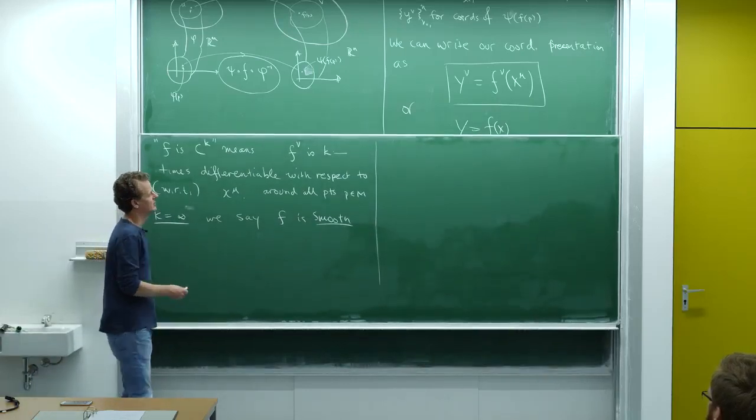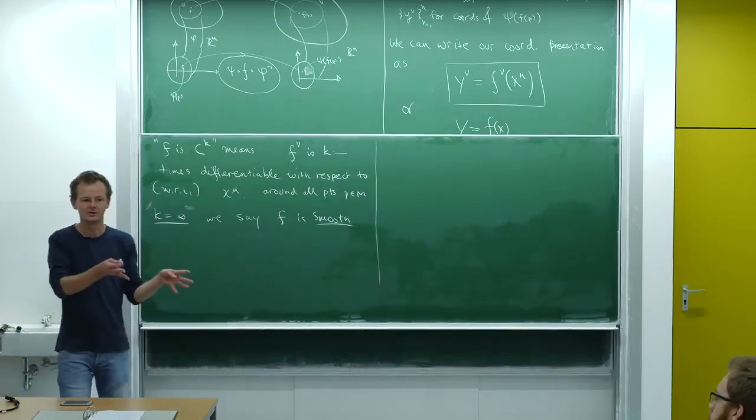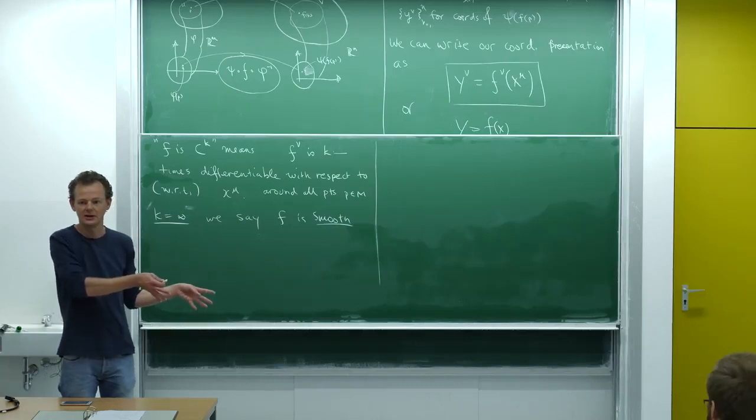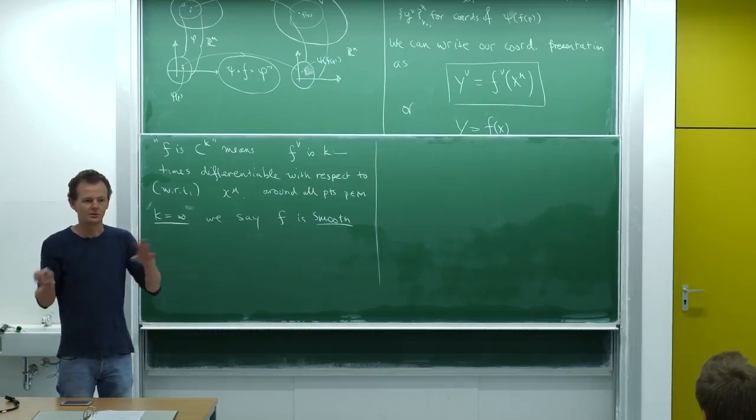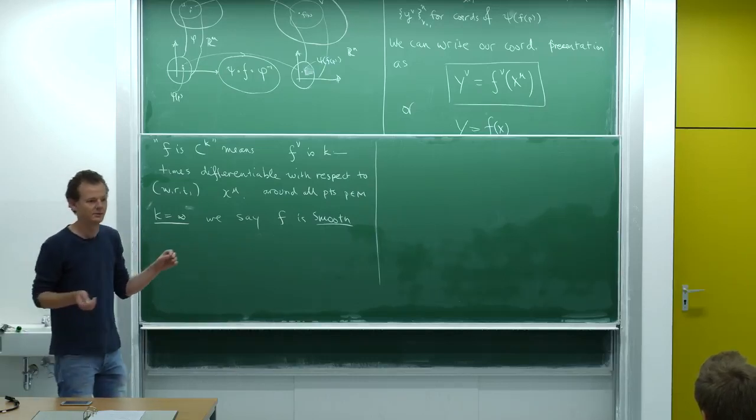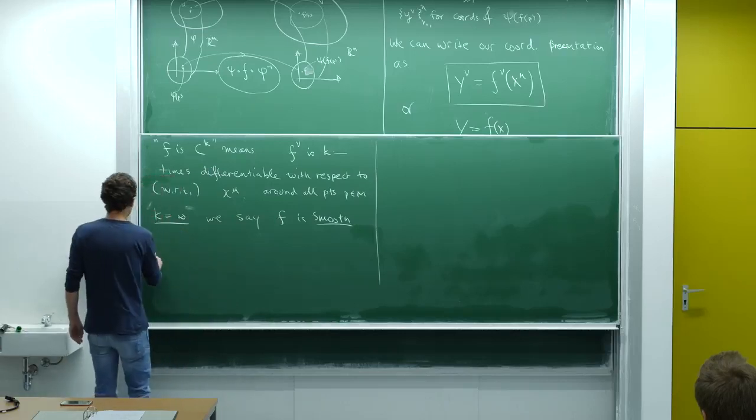And you have to convince yourself that if something is k times differentiable in one chart, and on Monday you use that chart and on Tuesday you use a different one, that those two notions coincide. It doesn't matter which representation you use. And I'm not going to do that.